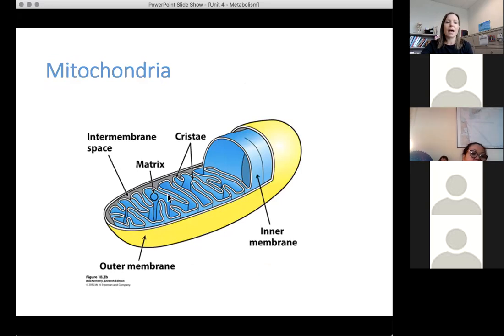It's folded in and out. The folds on that inner membrane are called crista. So the electron transport chain occurs on the crista within mitochondria, on that inner folded membrane.